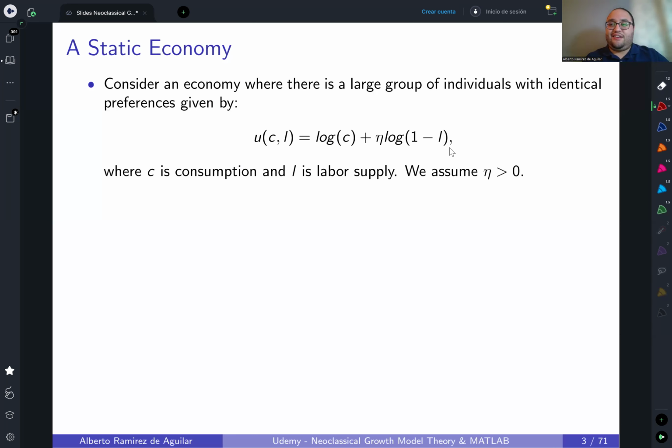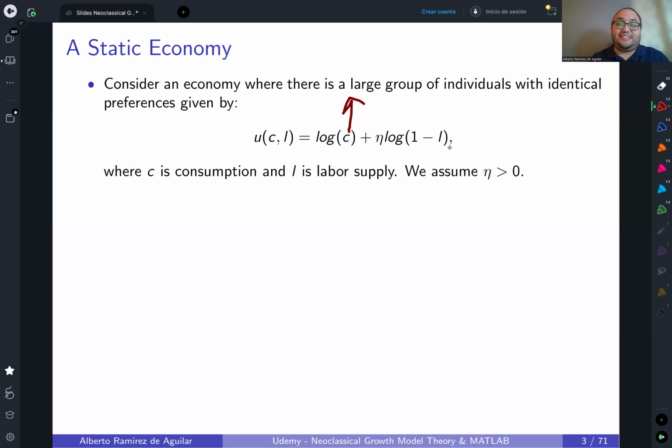In this case, and just for simplicity, I'm going to make a particular assumption that the utility of a consumption and labor bundle is going to be given by this function, where importantly, there are three things to note. First, notice that with consumption, the logarithm is an increasing function.